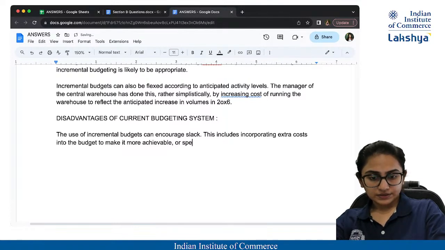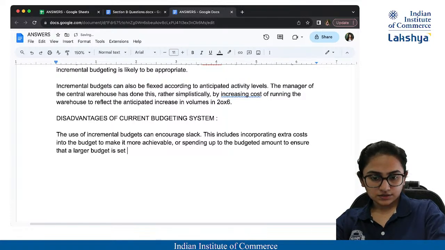Because this becomes an extra cost to make it more achievable, there is a temptation of spending up to the budgeted amount to ensure that a larger budget is set next year.